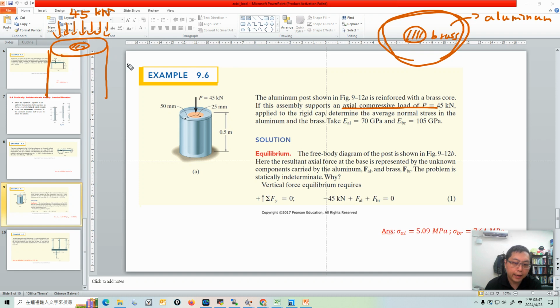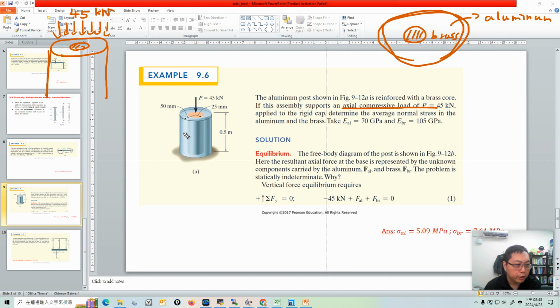Brass contributes normal stress, and aluminum also contributes, but their contributions are not equal to each other. So the question is: what's the normal stress for the brass, and what's the normal stress for the aluminum?